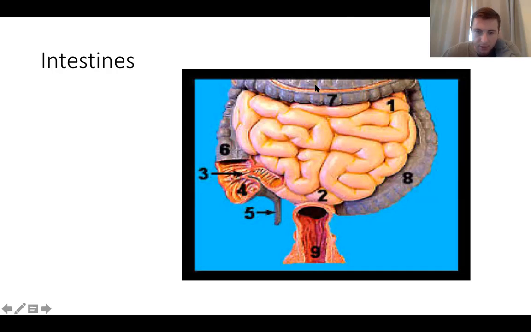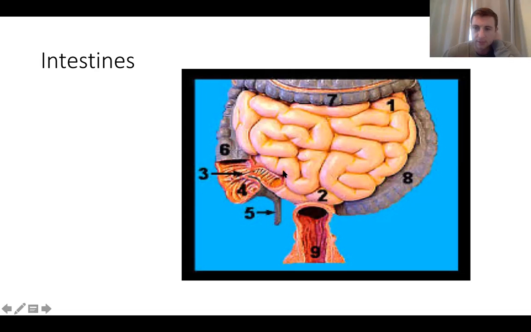So you eat something, it goes into your oral cavity, through your esophagus, down into your stomach, where it gets even more digested, and then it travels all the way through your small intestine.